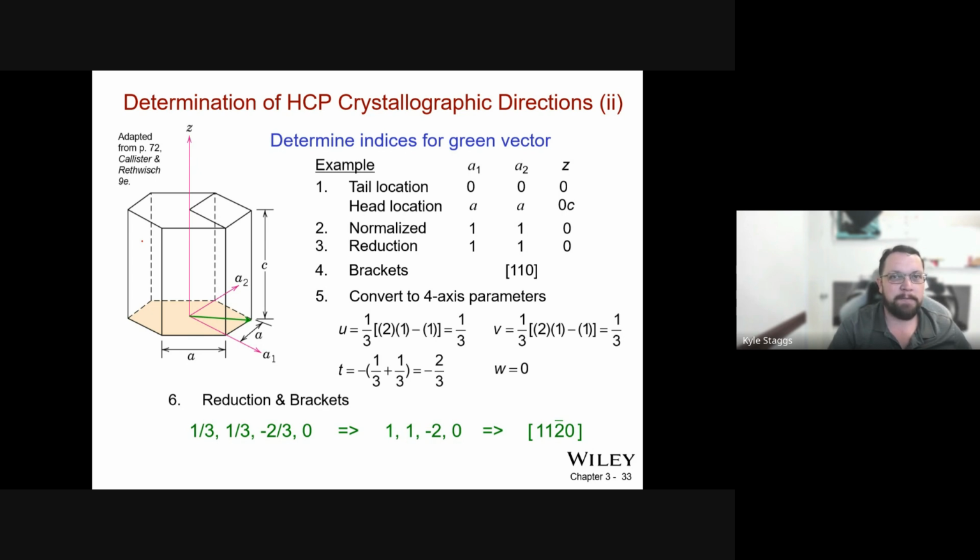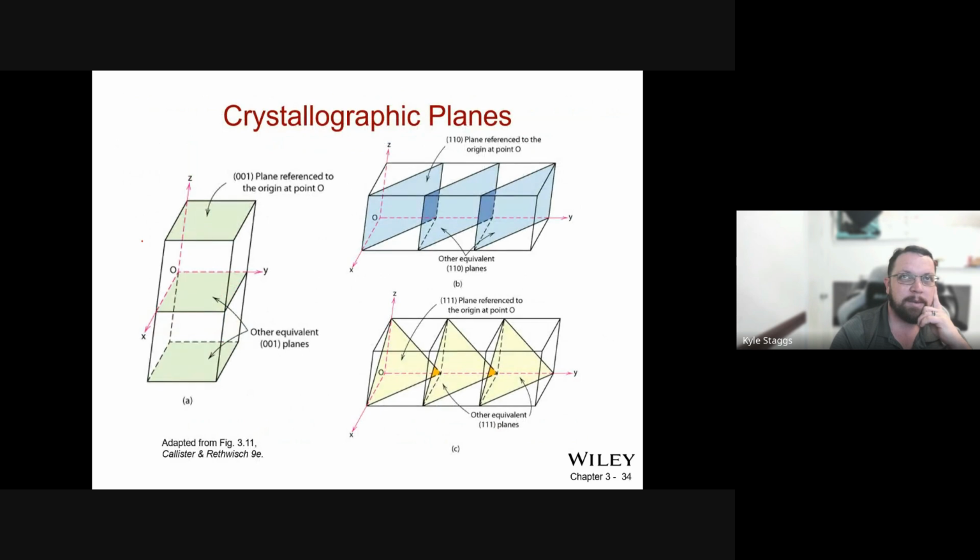We multiply by 3 all the way across. That gives us our 1, 1, minus 2, 0. And to correctly notate that, we have our 1, 1, 2 bar, 0 in brackets. So that's how to do that in both circumstances, both the forward direction and the reverse direction, to understand what the directions are. With a few practice examples, this will make a lot of sense because it's fairly straightforward to follow.